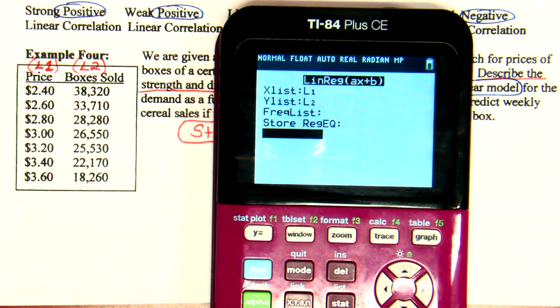And then I went to calculate. Those were my steps. You write down the steps however you want, but I'm just trying to get you to note what buttons we hit on the calculator.